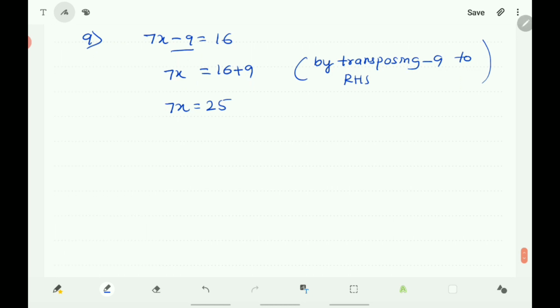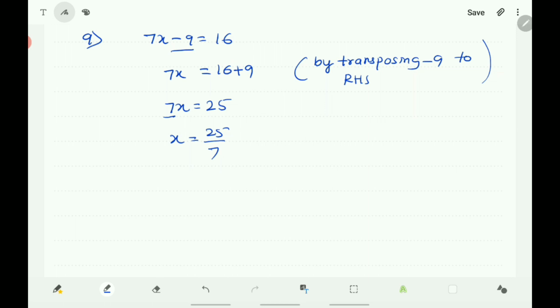Next here 7 is to be converted into 1. It must become 1x. So you know that 7 into 1 by 7 is 1 here. So you must divide both sides by what? This 7. That is nothing but transferring of 7 to the RHS. That becomes x is equals to 25 by 7.